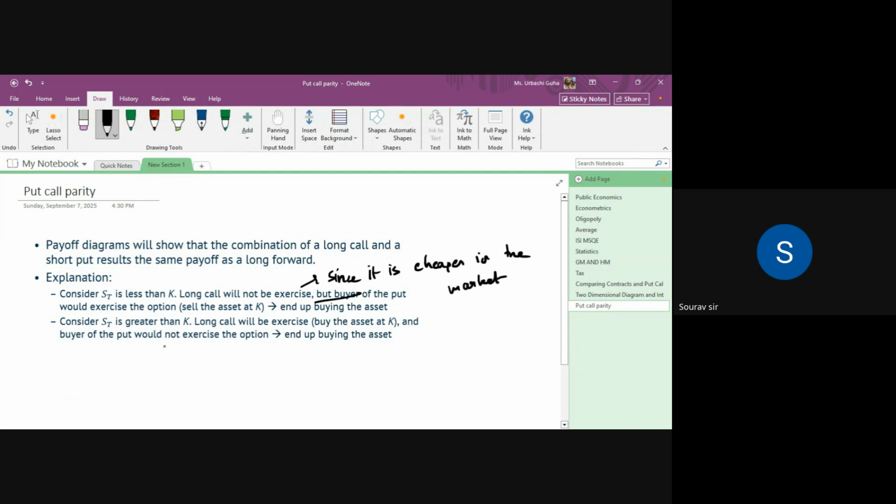And why ST greater than K? Because the long call will be exercised, you buy the asset at K, so the short put will not be exercised by the put buyer.